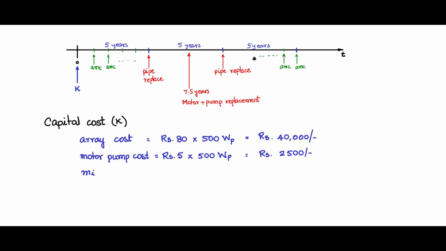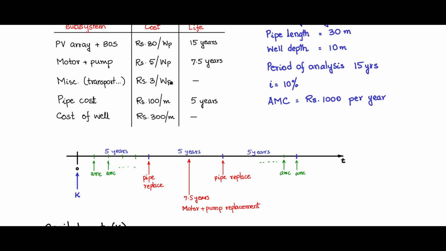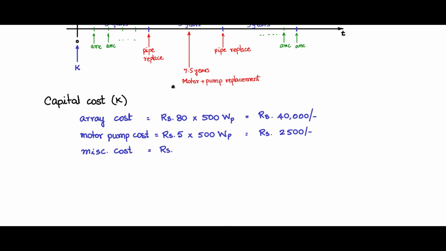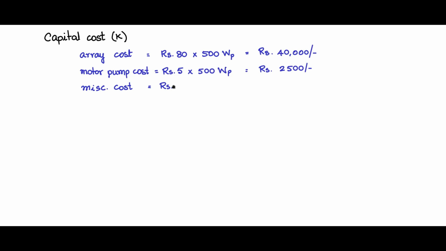Then we have the miscellaneous cost. We had put rupees 3 per peak watt into 500 watt peak.